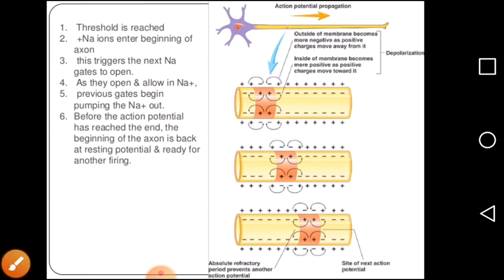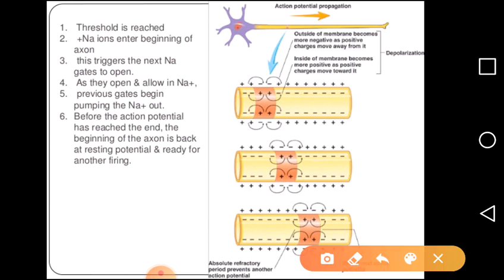Always remember that in the case of these neurons, the firing is saltatory. Now, what is saltatory conduction? As you can remember, on the axon there are certain nodes, and these nodes are called nodes of Ranvier. Now the impulse basically jumps from one node to another node, then another node.